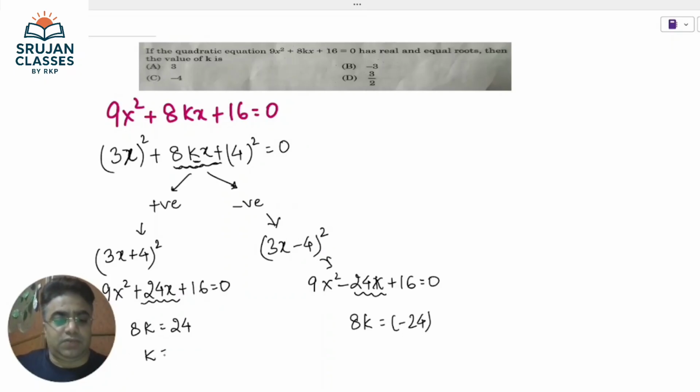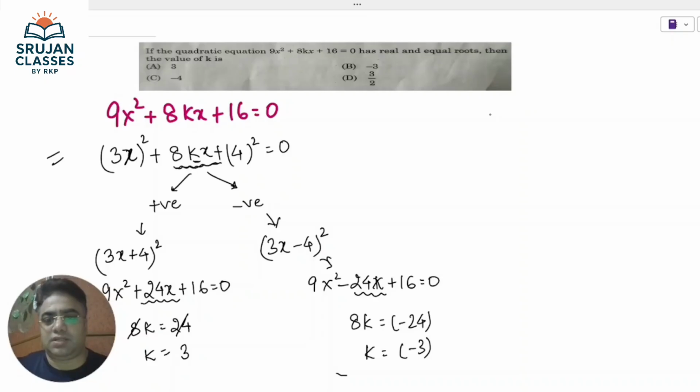So obviously the value of k will be 3, and over here the value of k will be minus 3. Up till now, using this method, I got the value of k as both positive and negative. Now moving towards the second case, that is the traditional way.